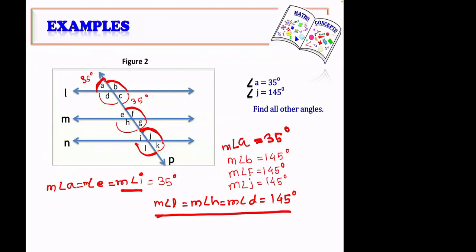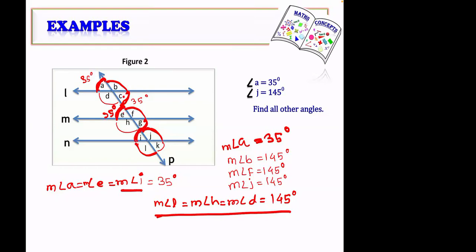A was 35, E was also 35, right? A was 35, E was 35, C was also 35. Here, C and E are alternate angles. Similarly, G and I are interior alternate angles.